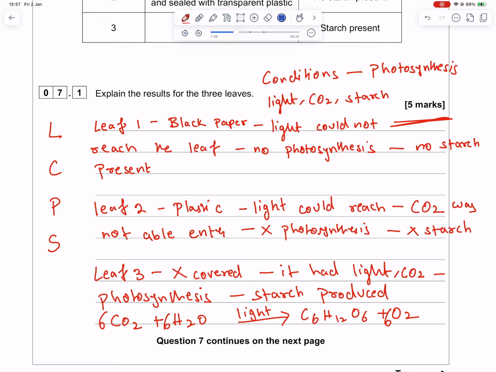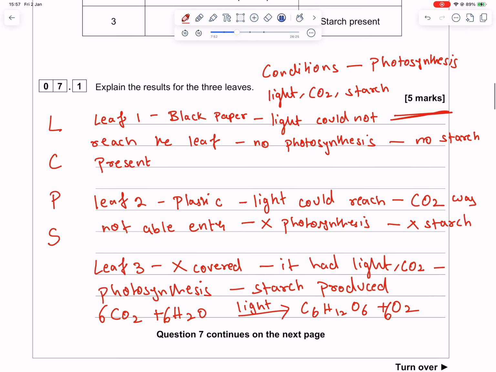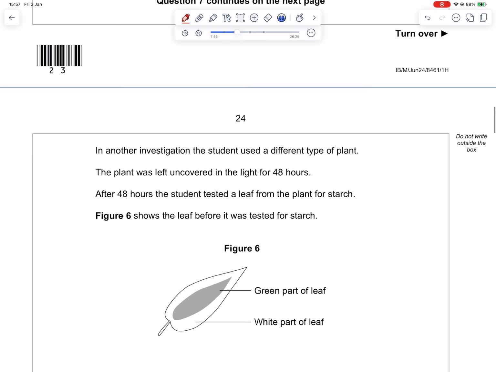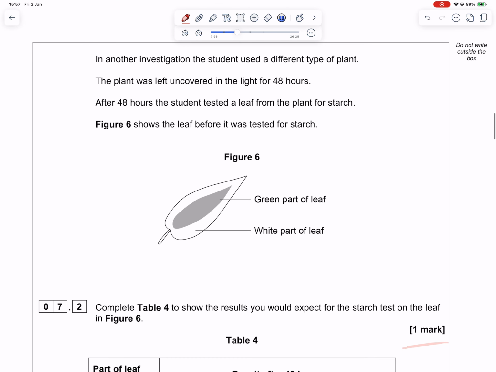And P is when you're deciding whether photosynthesis happens or not, and then S, whether the starch is present or not. For photosynthesis to happen, it is assumed that water cannot be a limiting factor. When it comes to a limiting factor, it is the light or carbon dioxide.